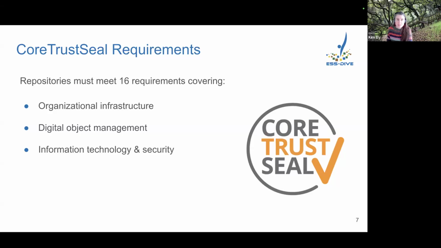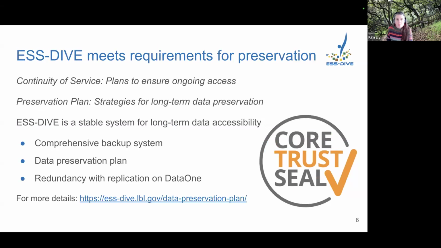To meet CoreTrustSeal requirements, there are 16 specific requirements that fall under the general topics of organizational infrastructure, digital object management, and information technology and security. I'm just going to focus on two of these, which are the requirements for continuity of service and preservation plans, which are in italics at the top of this slide.